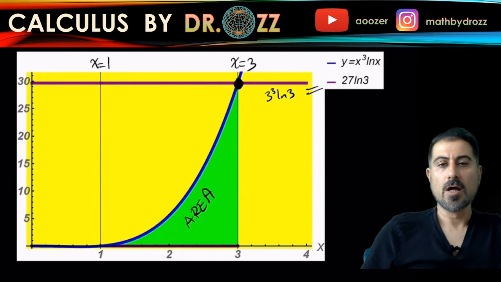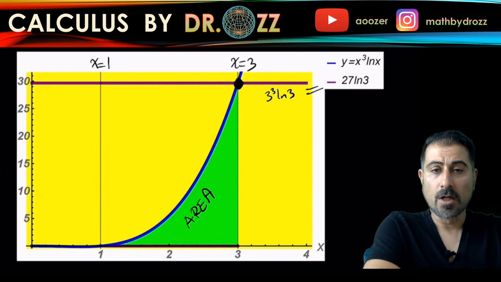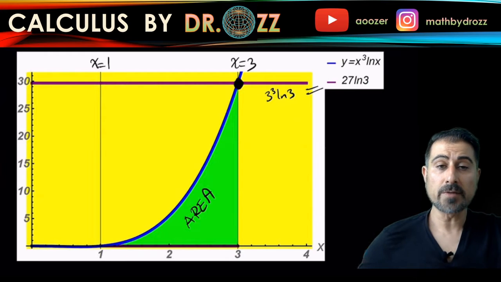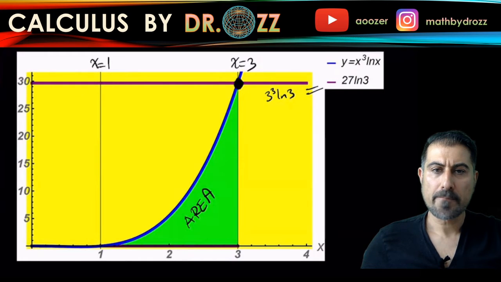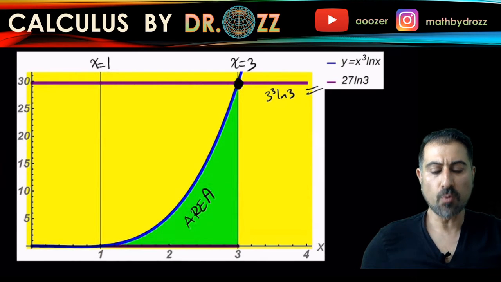We know how to write down the formula for the area. So let's go ahead and write it down. The area is going to be the integral of x cubed ln x, and the limits of the integral are going to be 1 and 3.